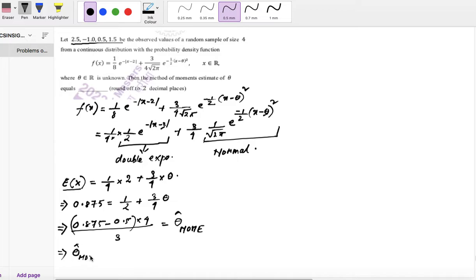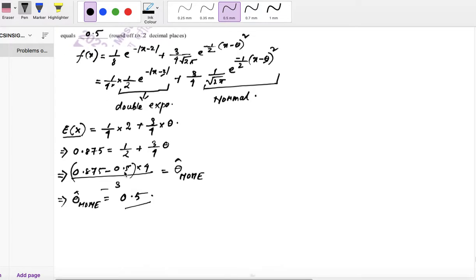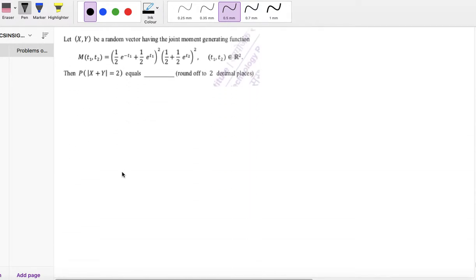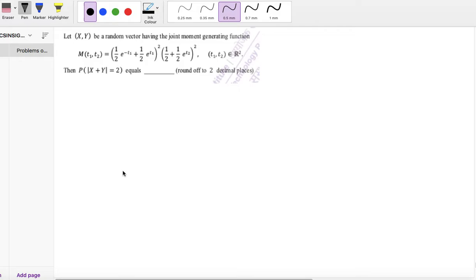Theta cap MME is equal to 0.5. Calculate it, you will get 0.5. So our answer is 0.5. So let's move on to the next question. Now this is a tricky problem. Let's do it.